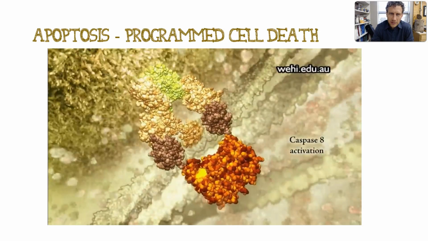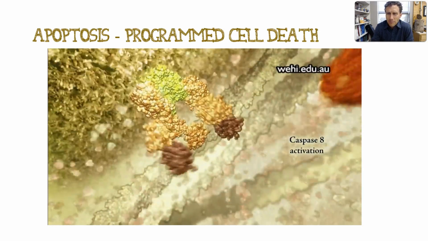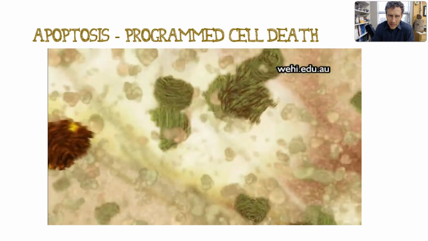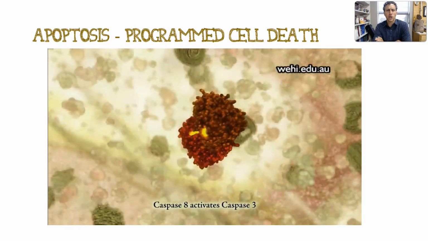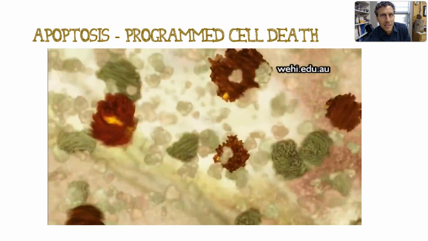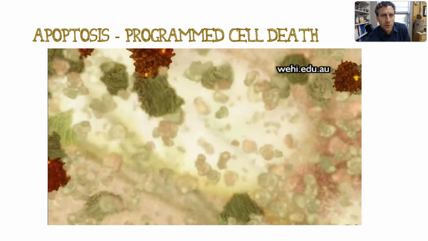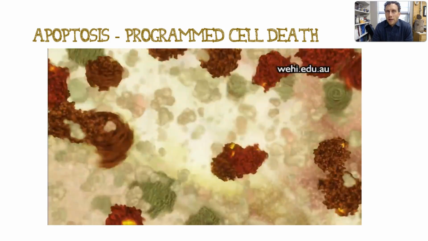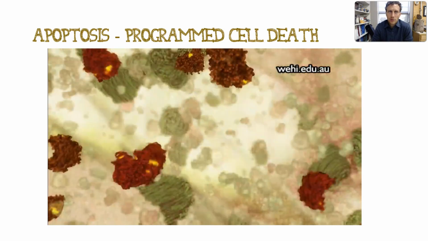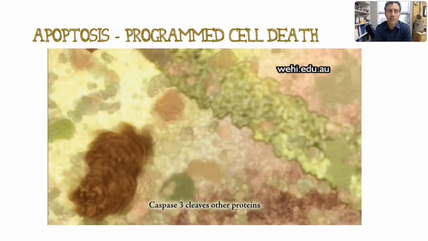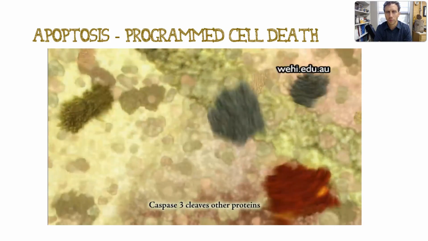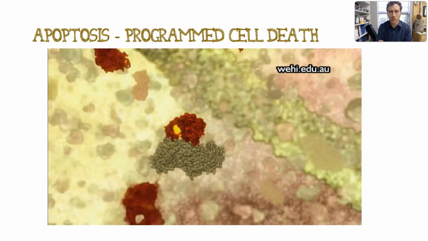So it's producing these enzymes, these proteins called caspase 8. And caspase 8 goes around and starts to switch on other proteins called caspase 3. Caspase 3 is a type of protein. It's an enzyme. Enzymes are like the machinery inside of cells. And caspase 3 basically goes to town inside this cancer cell, and starts to just wreck everything.